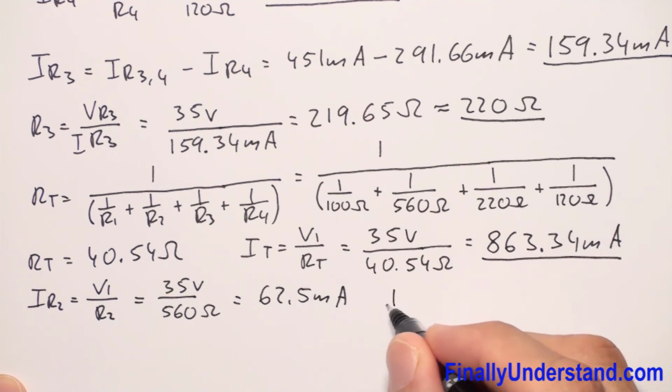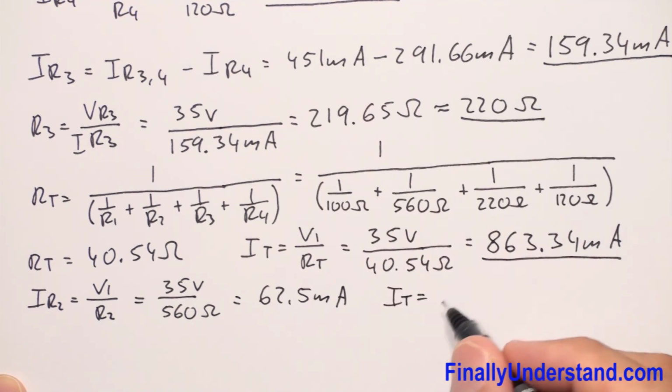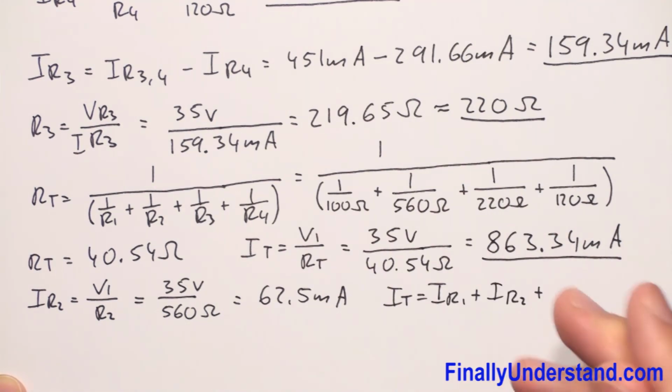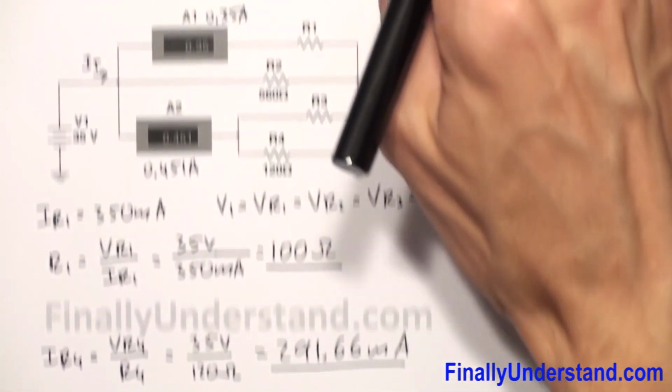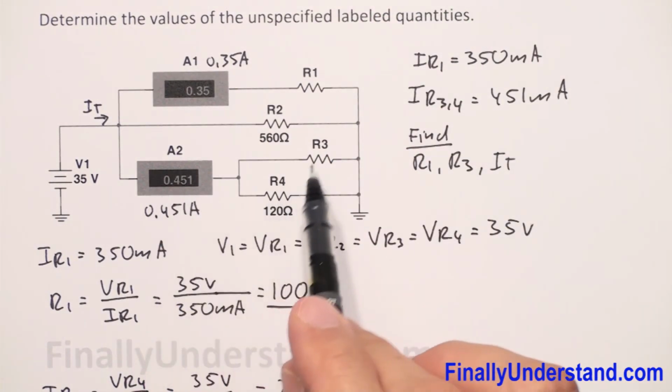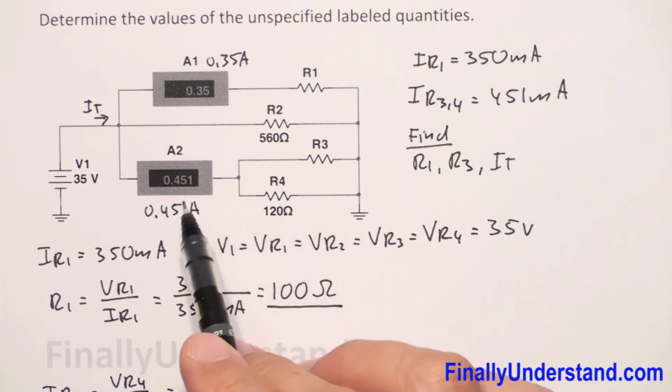And we can use KCL. KCL says that I total is equal to IR1 plus IR2 plus, in our case, IR34. I'm not going to use the separate currents, I'm going to use this one.